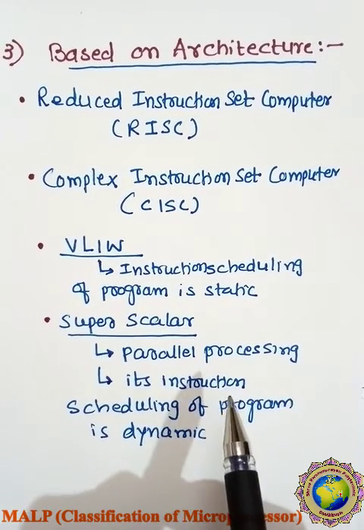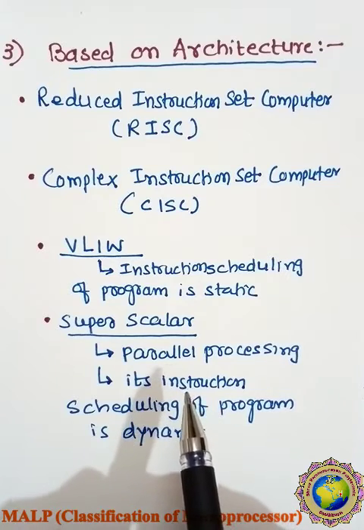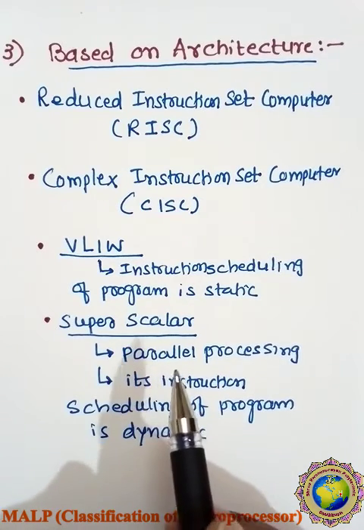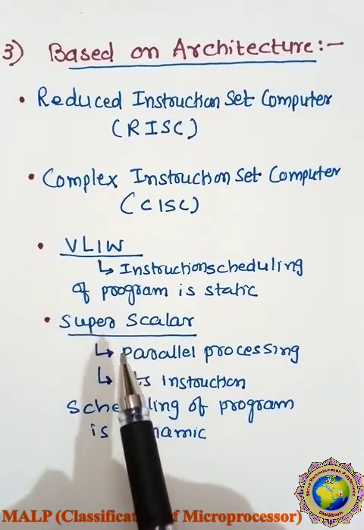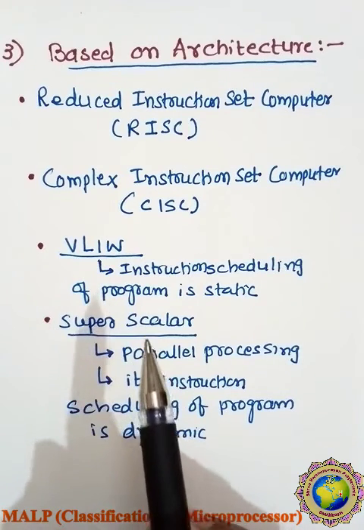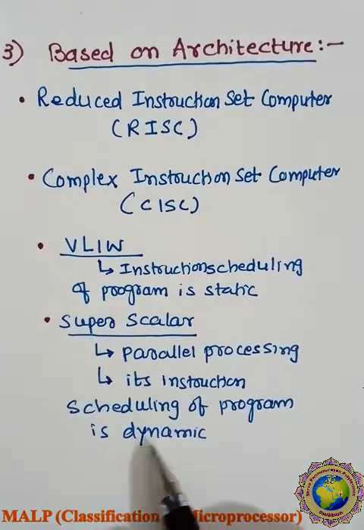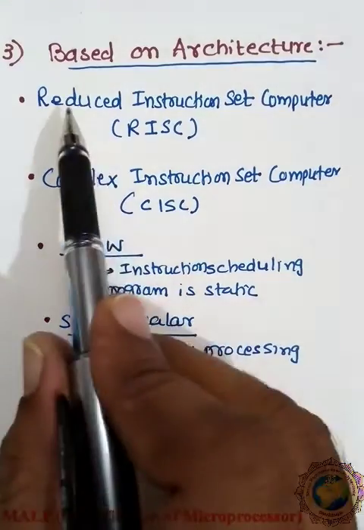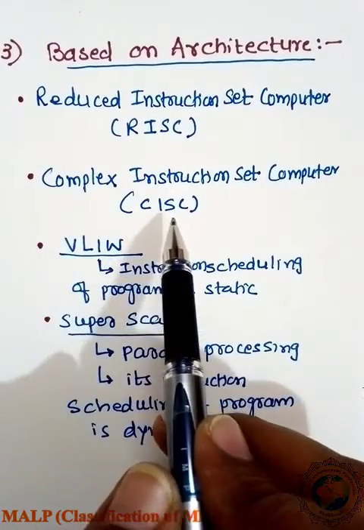So both VLIW and superscalar are parallel processing. Both are capable of executing multiple instructions in one cycle, but the difference is that here it is the static way and here it is the dynamic way. So these are the main four architecture types. One is RISC, then CISC.